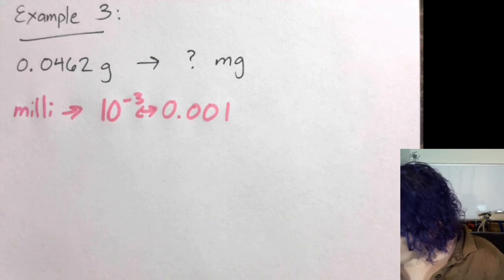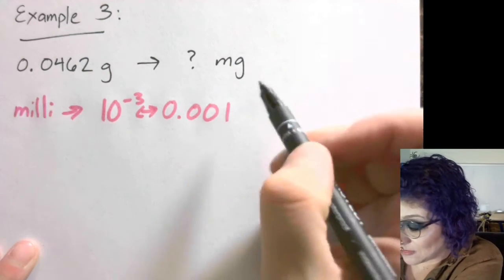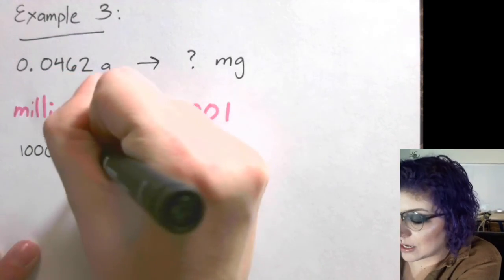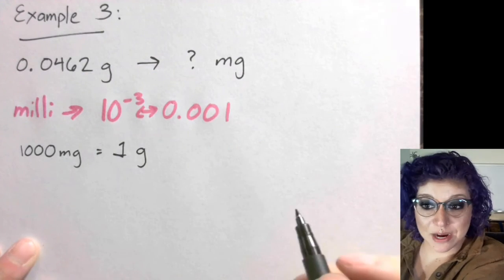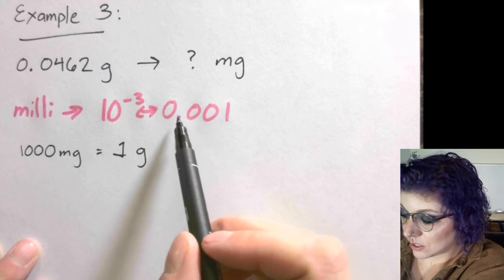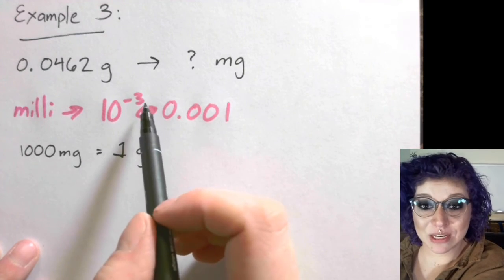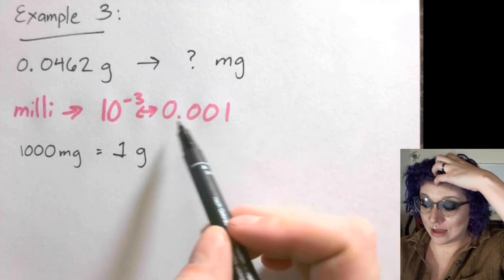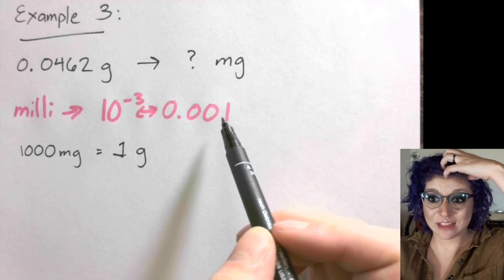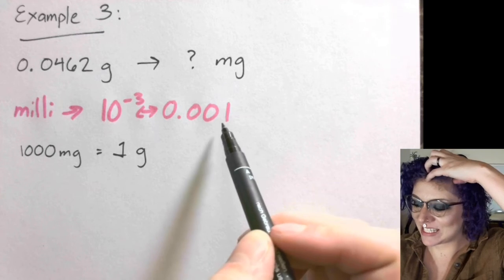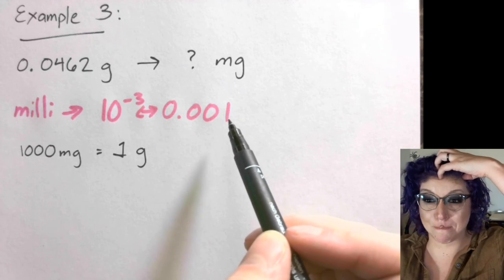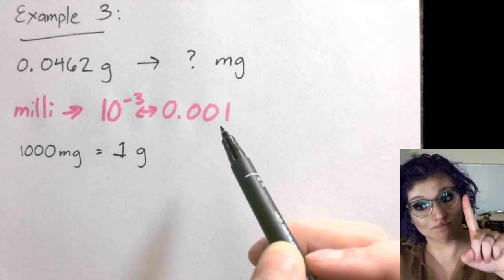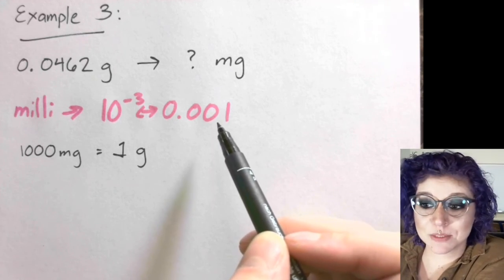So that means that there are 1,000 milligrams in 1 gram. So again, you can think of this milli as 10 to the minus 3, or conceptually think about it as, this is to the thousandth place, which means that there are 1,000 millis in 1 normal. So 1,000 milligrams in 1 gram.